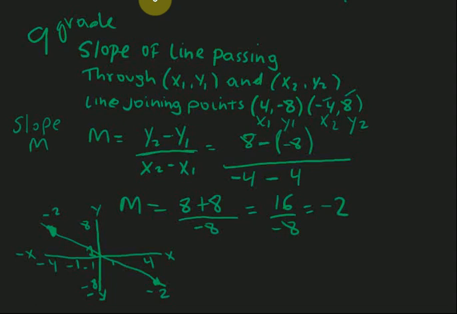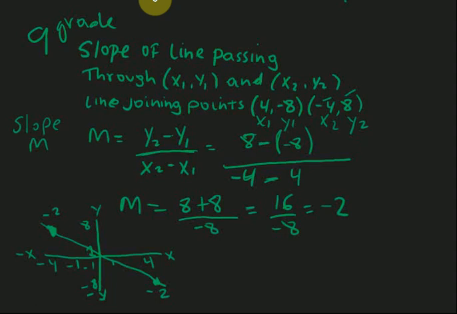So you have minus 4 minus x1, and your x1 is 4. This equals 8 minus negative 8, where minus times minus is positive, so 16, all over minus 4 minus 4, which is minus 8.